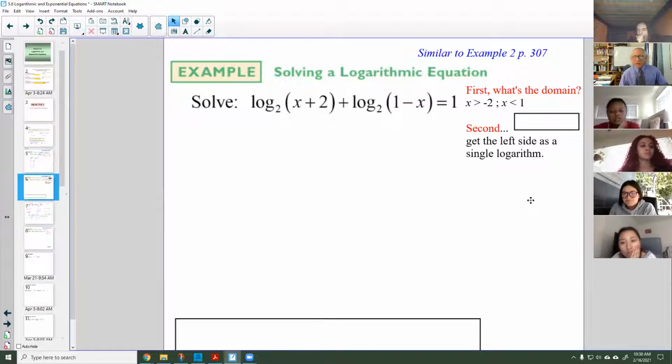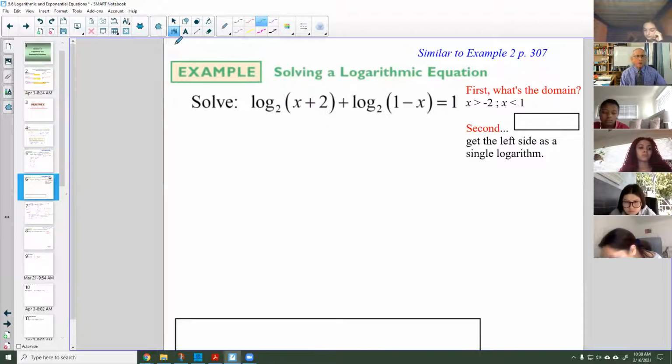The second thing I have to do is I want to get the left side here as a single logarithm. Well, I'm going to think back at my properties again. Log m times n is equal to log m plus log n.